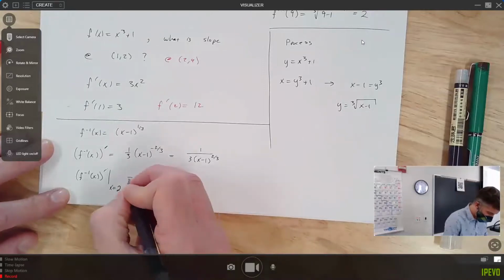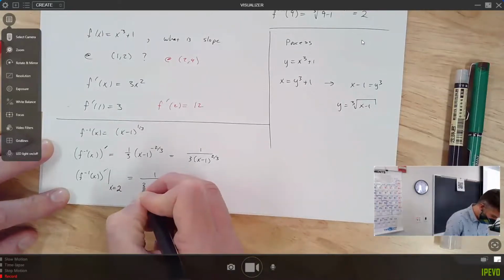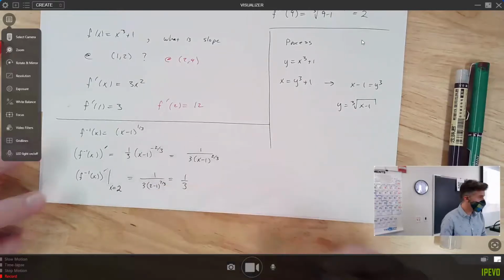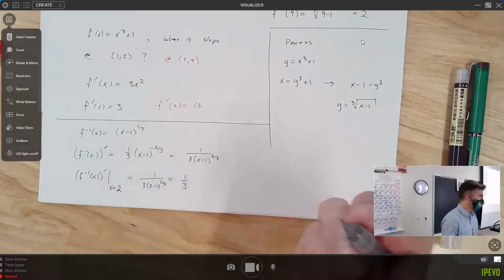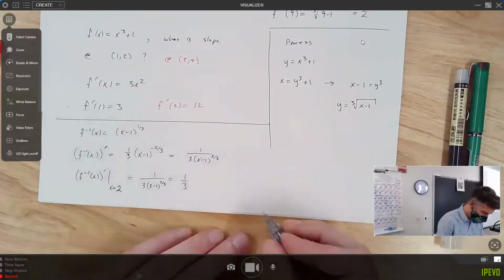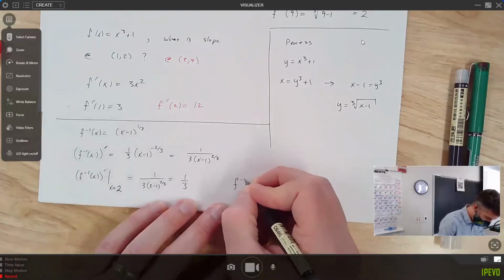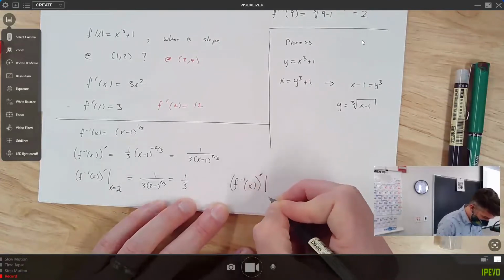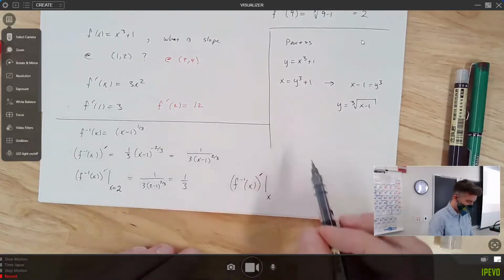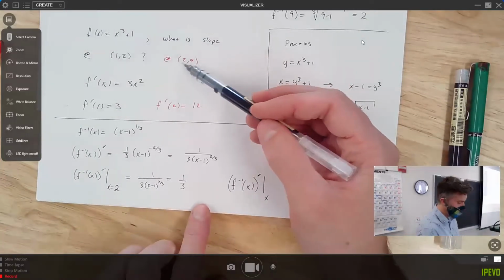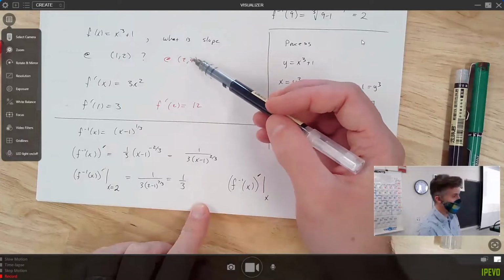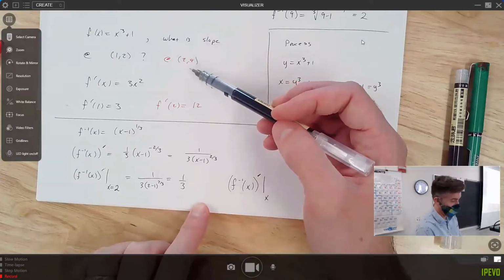When I do that, I get 1/3 times 2 minus 1 to the 2/3, which is 1/3, because 2 minus 1 is 1 and 1 to any power is 1. And likewise, when I evaluate this at, so the notation here is kind of lame, this other one I did at the point 2, 9, and the derivative was 12. Here, instead of 2, I want to plug in 9, because 9 is the corresponding coordinate.